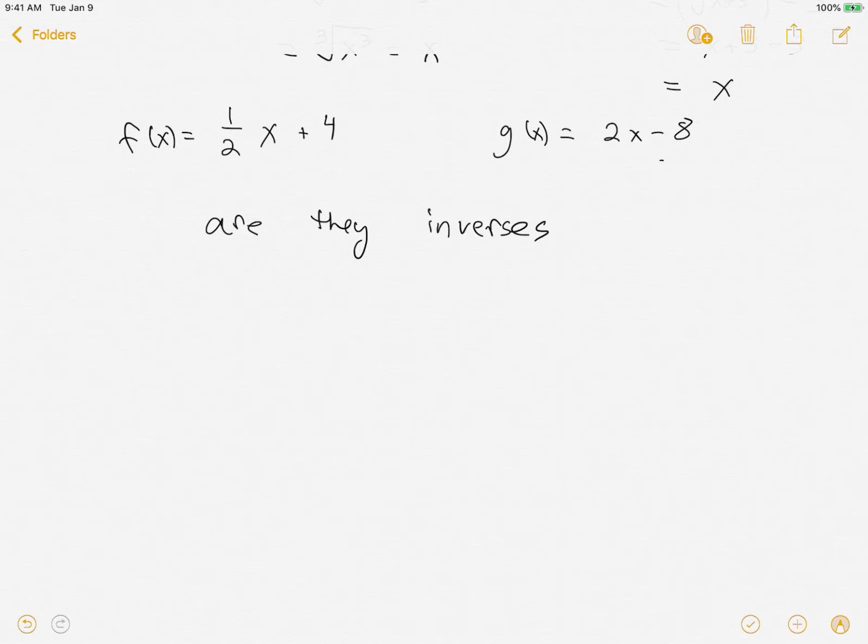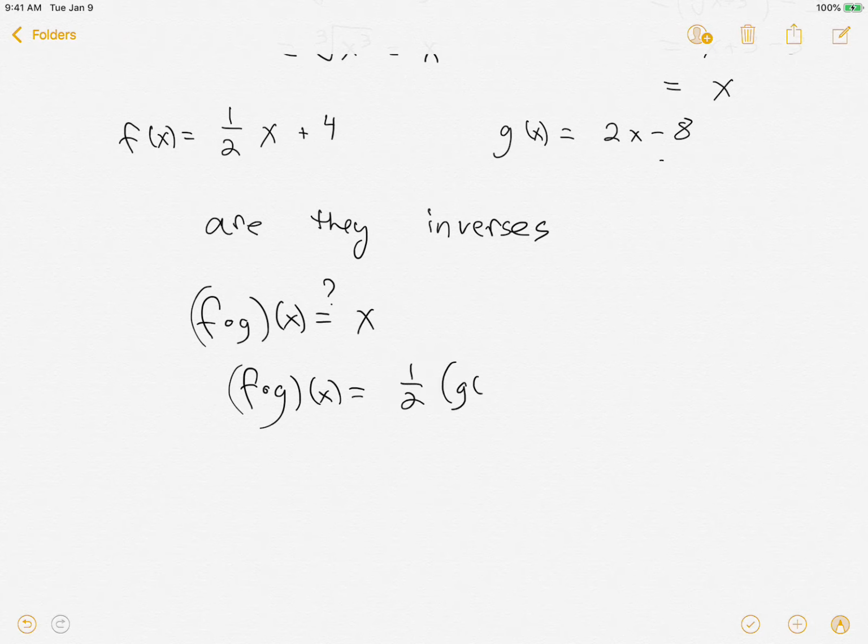Well, the easiest thing to do is find f composed with g and see if it equals x. Okay, let's try that. So that's going to be 1/2 of g of x plus 4, 1/2 of (2x minus 8) plus 4.